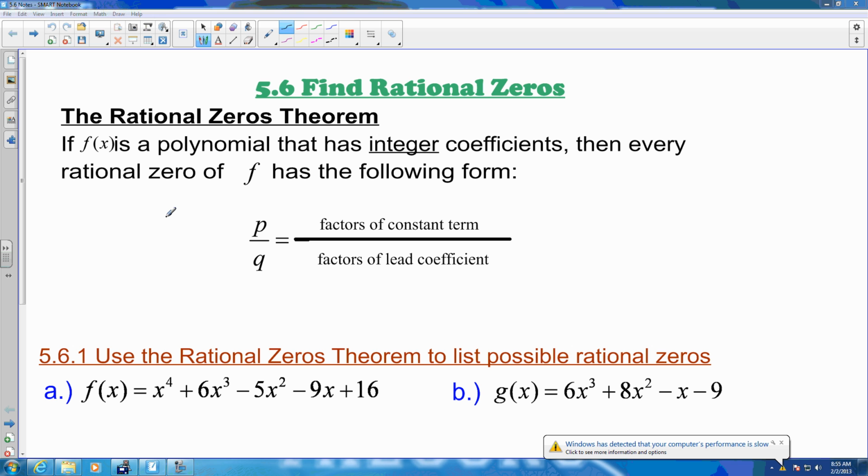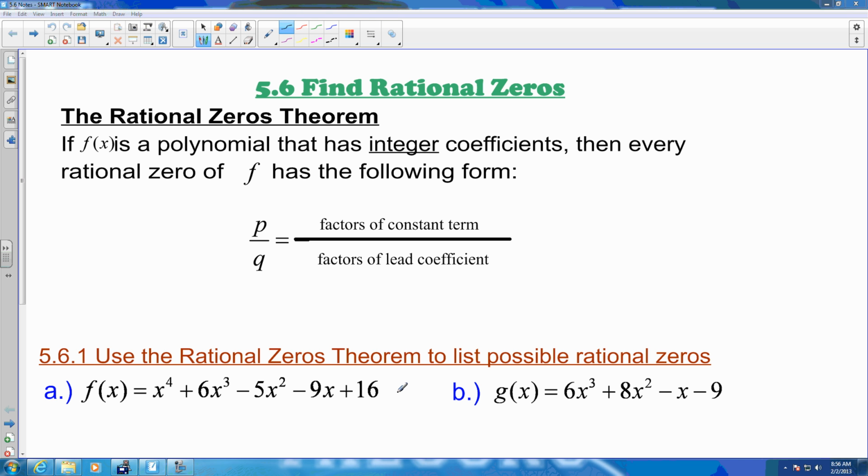If you have a function that is a polynomial and it has integer coefficients, then every rational zero can be listed as p divided by q, where p represents the factors of the constant term, and q is the factors of the leading coefficient.